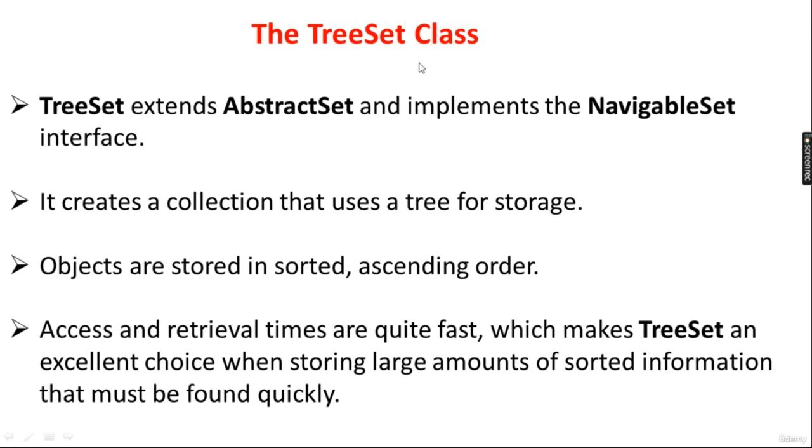Okay. TreeSet extends AbstractSet and implements NavigableSet. So what will it use? It will use a tree for storage. Objects are stored in sorted ascending order. Access and retrieval times are quite fast, which makes TreeSet an excellent choice when storing a large amount of sorted information that must be found quickly.